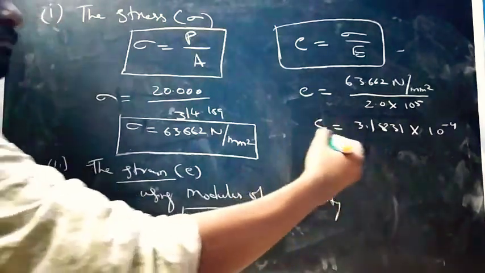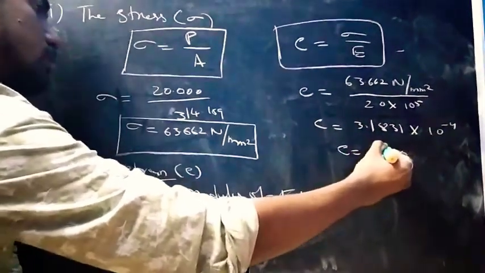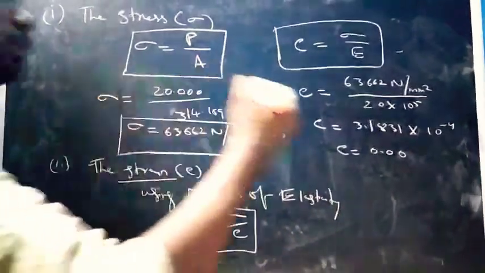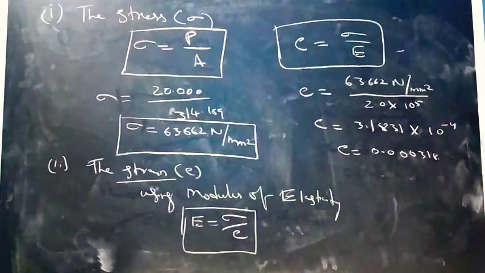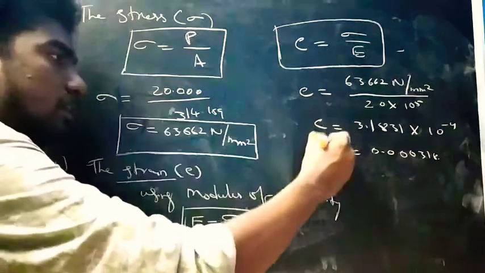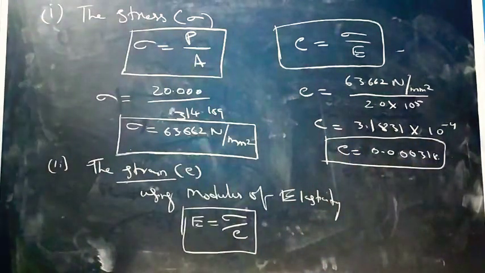Then epsilon will become 0.000318, 4 zeros. So this is the strain we got. Next in the question, it is given that we find out the elongation.